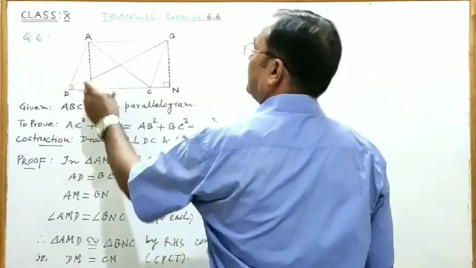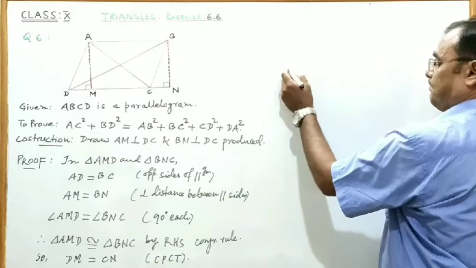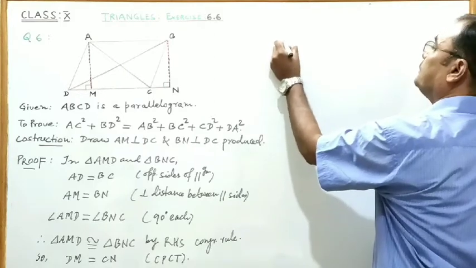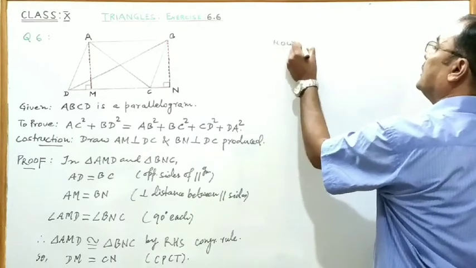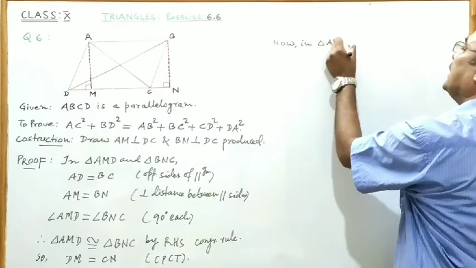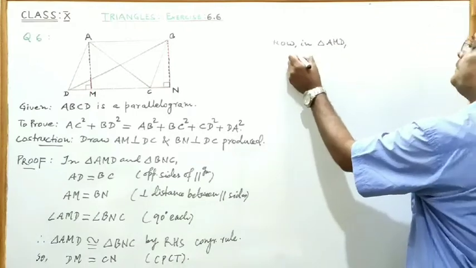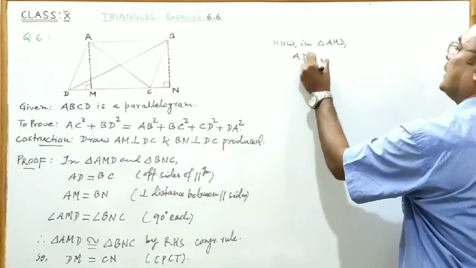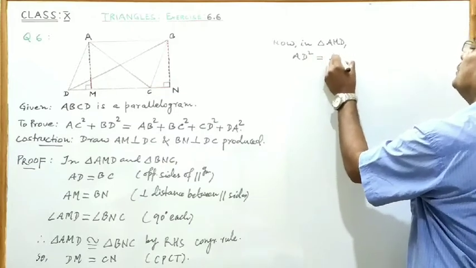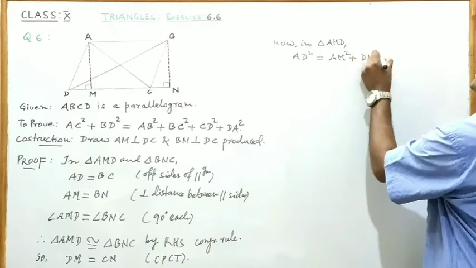Now in right triangle AMD, using Pythagoras theorem we can write AD square is equal to AM square plus DM square.